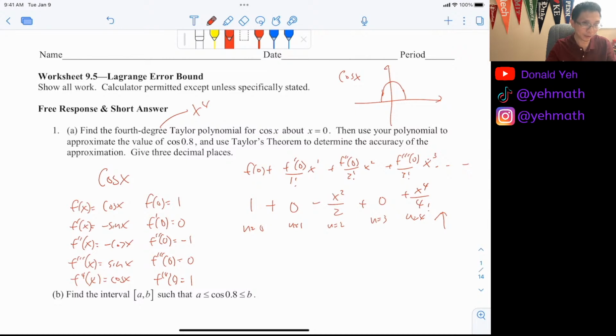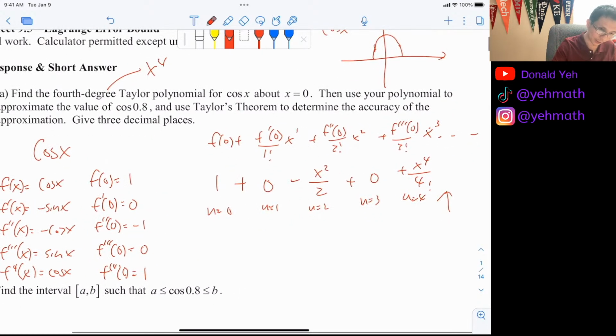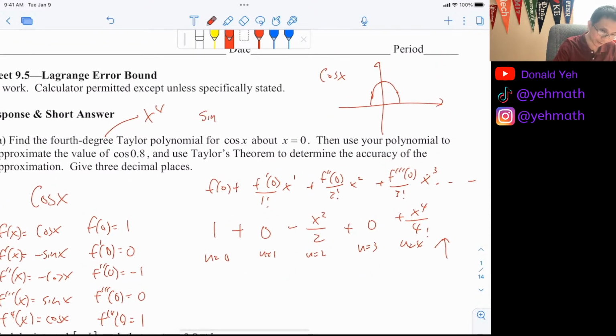So I'm gonna show you here. Remember cosine of x, if you write it in terms of a power series, is equal to the sum of negative 1 to the n times x to the 2n over 2n factorial. So she said if I plug in n equal to 4 here, I'm going to get x to the 8.